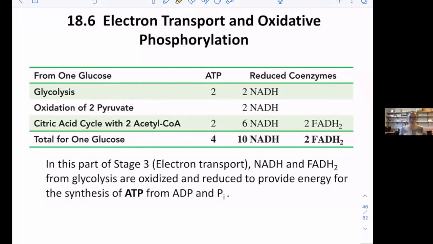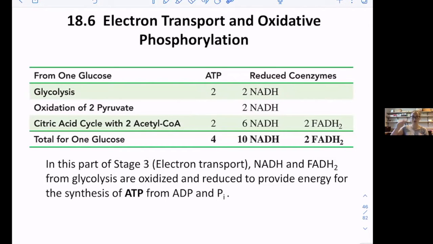Just as a review, from 1 unit of glucose in these processes, in glycolysis we make 2 ATP and 2 NADH. From the oxidation of 2 pyruvate to acetyl-CoA, we make 2 NADH.